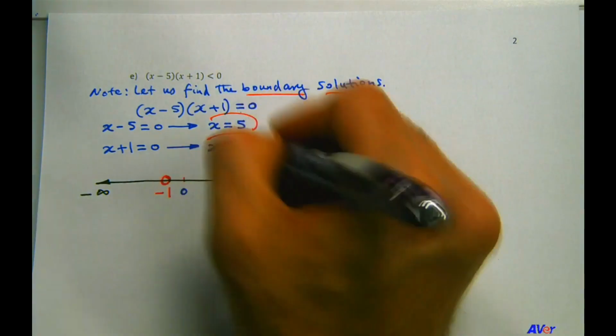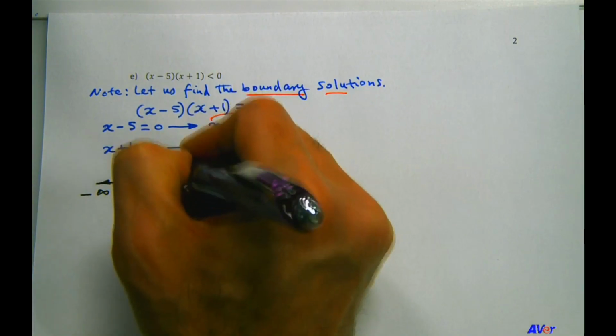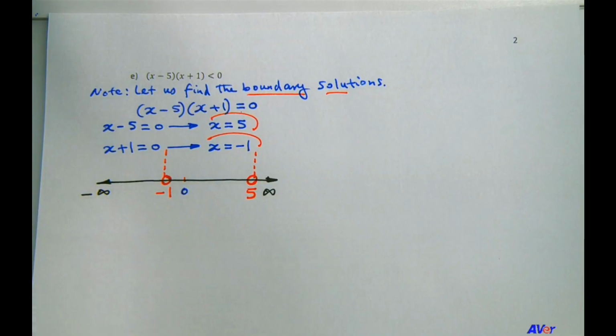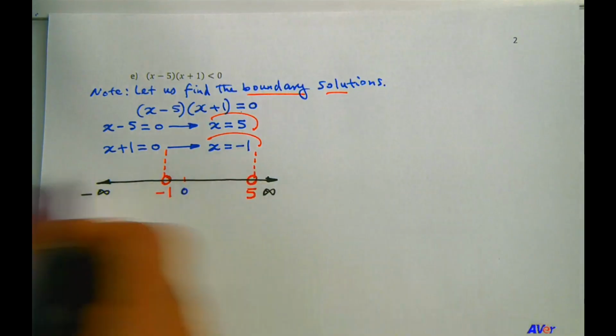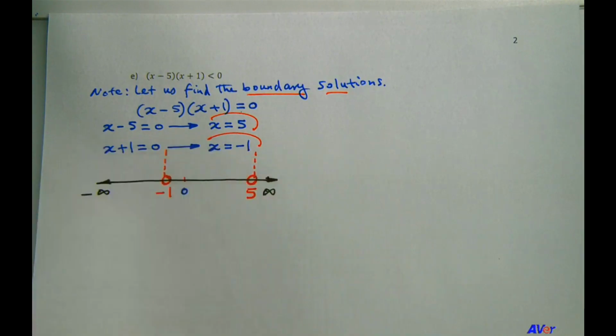Now, I'm going to put a dashed line right on top of each hollow circle. Dashed because those are boundary solutions and are not included in the final solution. So now, instead of checking infinitely many numbers, we have only 3 regions to check.